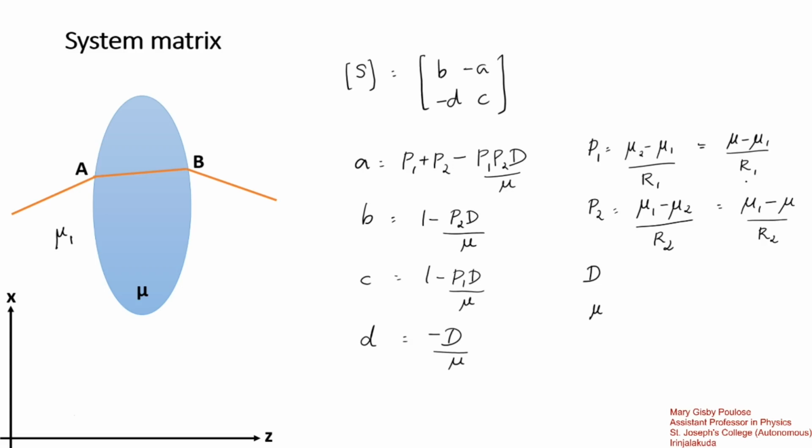That is, R1 is usually negative and R2 is positive. The system matrix also has a particular property that the determinant of the system matrix will be 1. This implies that BC minus AD is equal to 1. This is a relation between the Gauss constants.